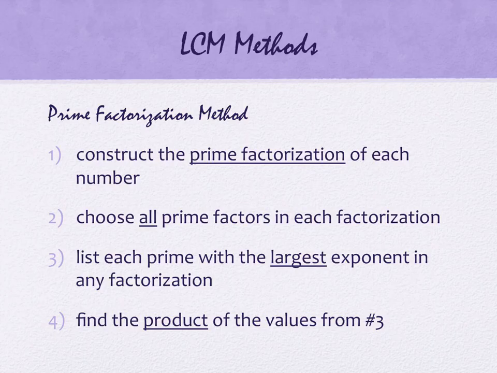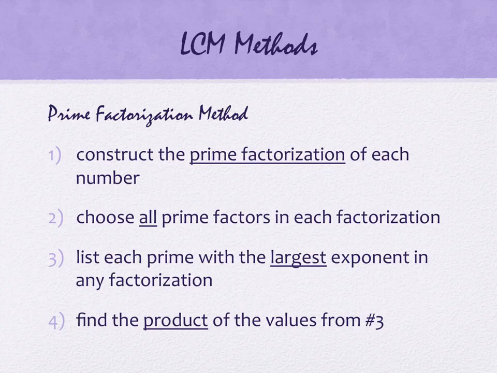Our next strategy is prime factorization, which looks a lot like the prime factorization for greatest common divisor. The difference is what we do with it at the end. Okay, so the strategy starts out the same way. We find the prime factorization trees or division bars as we went down. So we're going to construct the prime factorizations. And then when we did greatest common divisor, we listed out the primes they have in common.